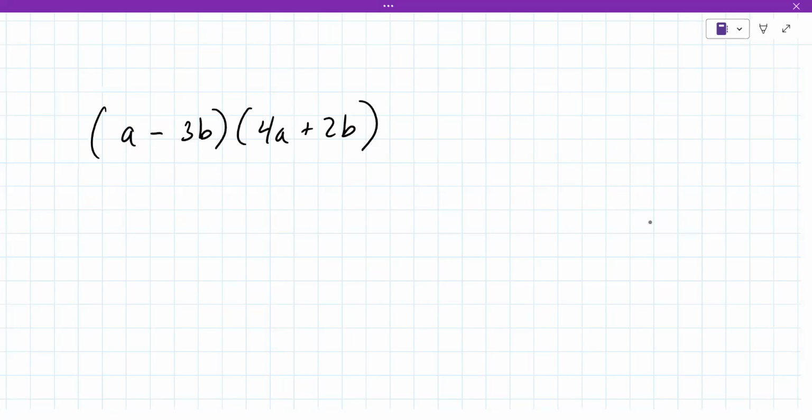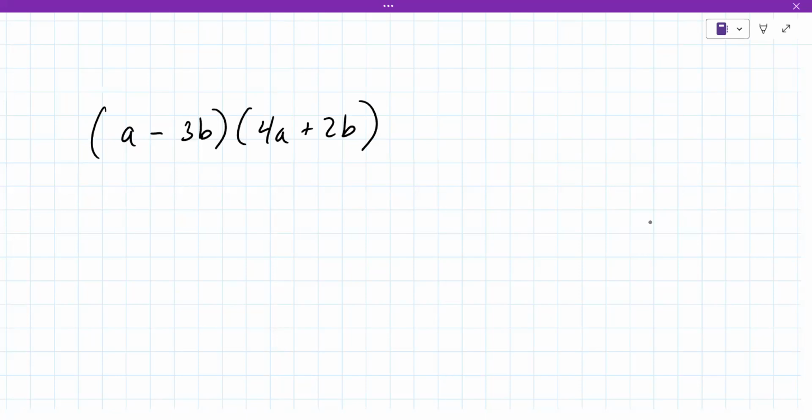4a squared plus 2ab minus 12ab minus 6b squared.